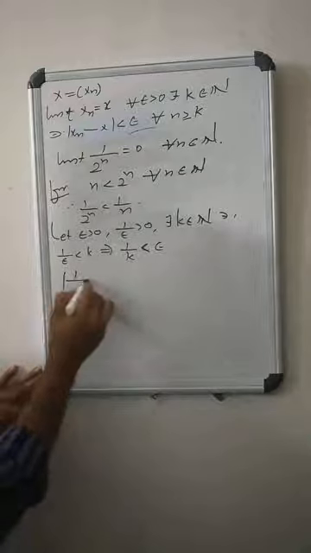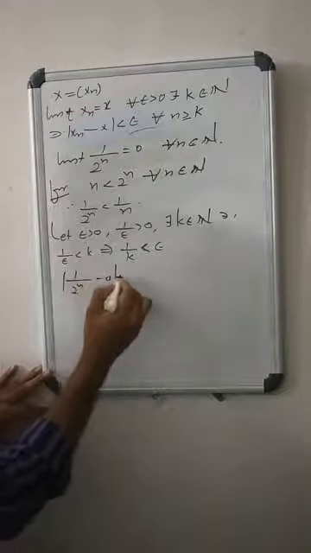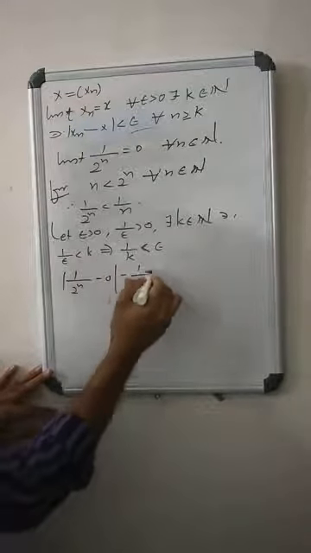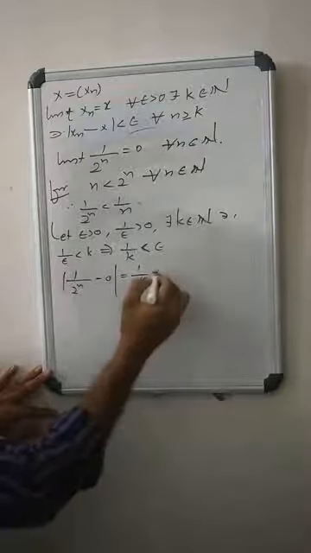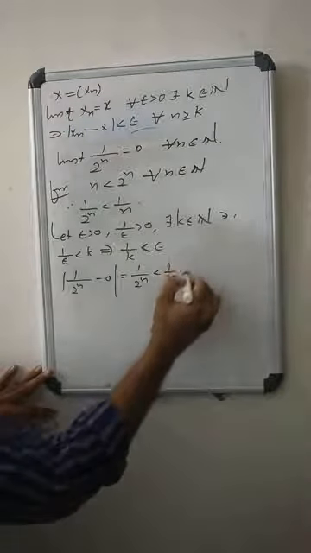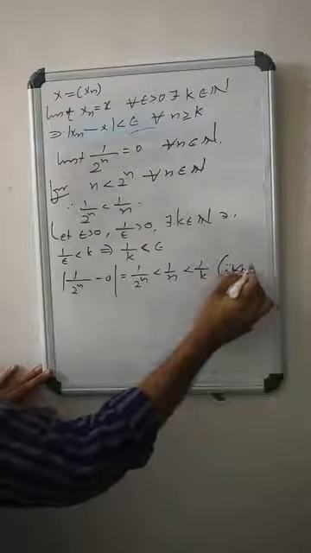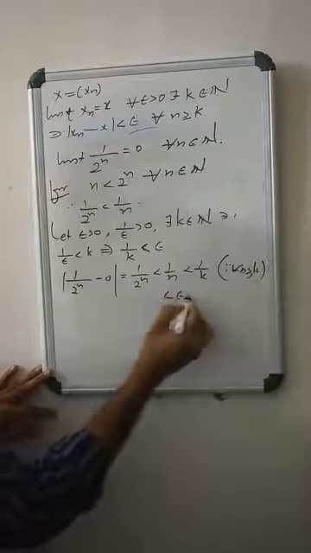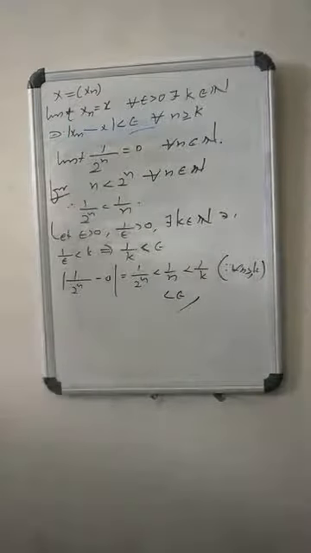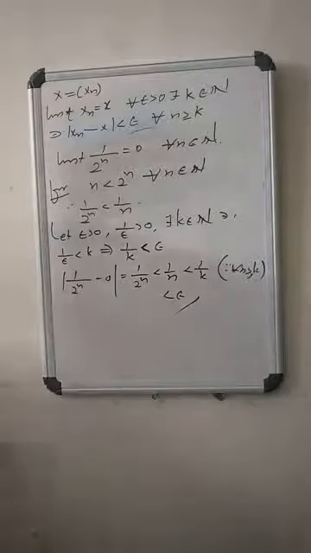Then consider modulus of 1 by 2 power n minus 0, which equals 1 by 2 power n, but 1 by 2 power n is less than 1 by n, which is less than or equal to 1 by k for all n greater than or equal to k. So it is less than epsilon, hence we have limit 1 by 2 power n equals 0. Immediate.